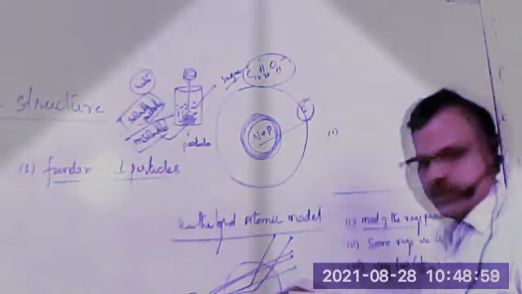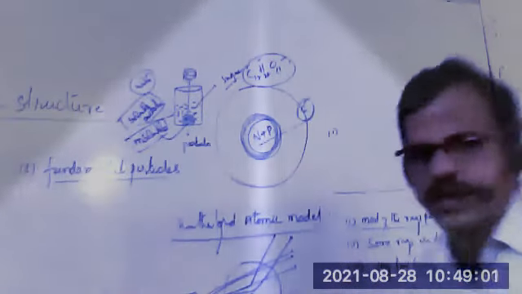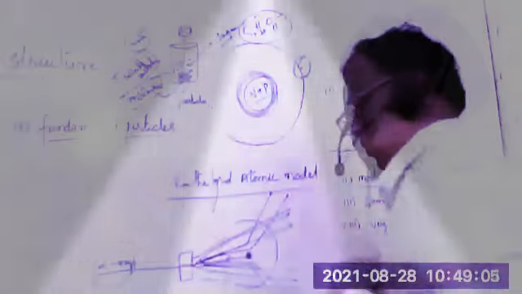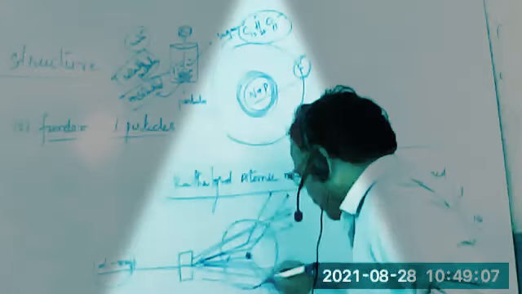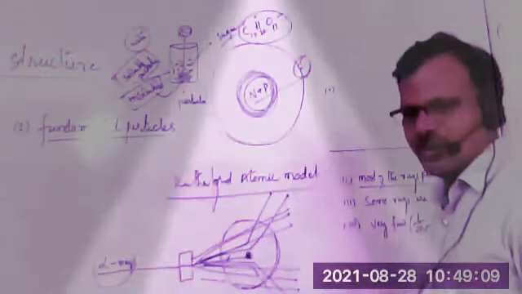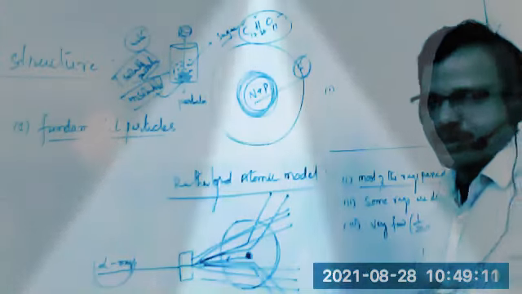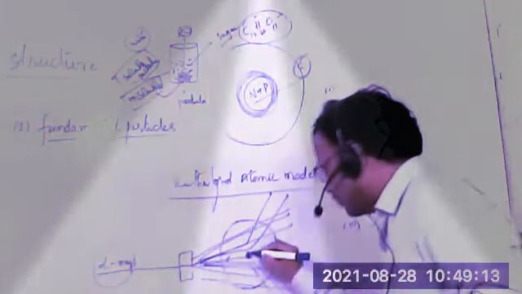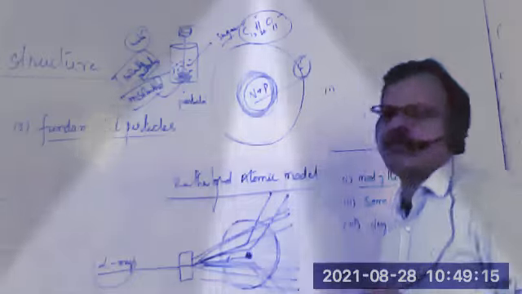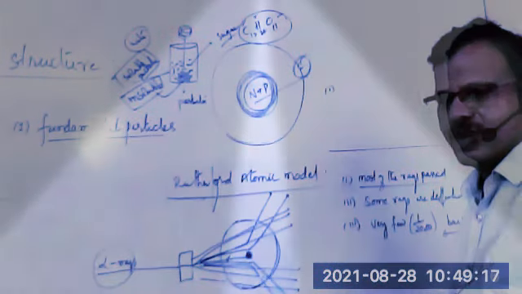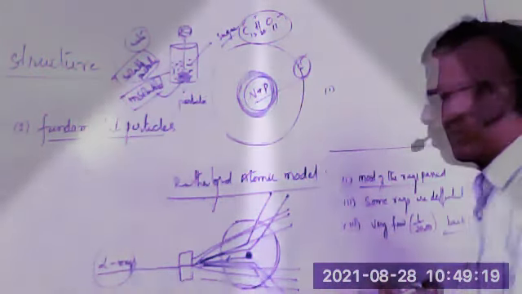Because this atom is very small. We know the atom is the smallest particle, and in it the nucleus is very much smaller. How much smaller?